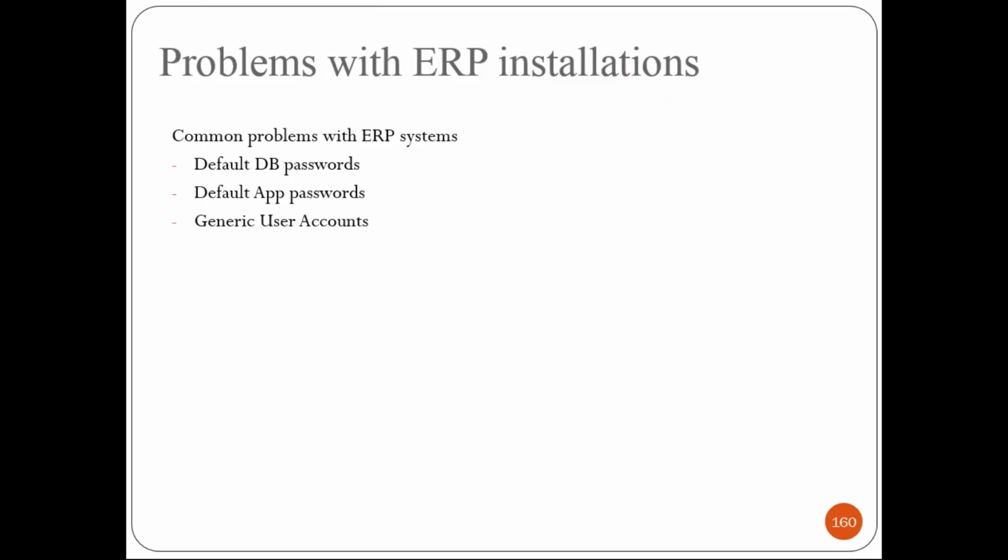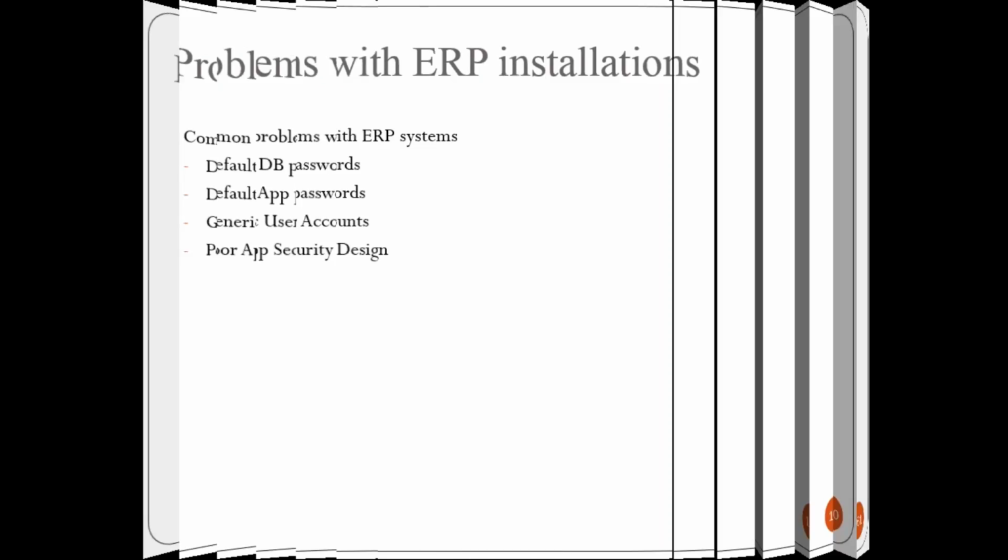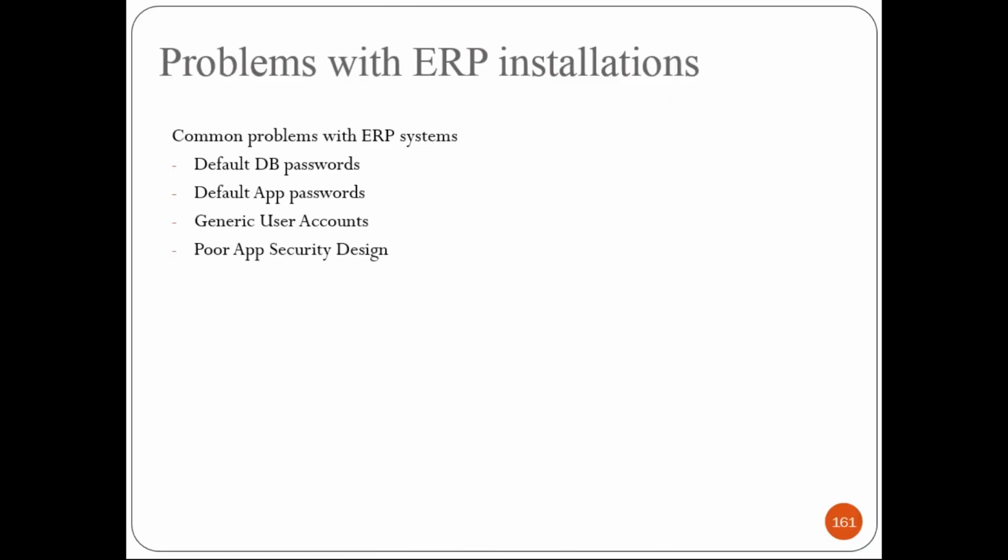Generic means I don't know who this is. So you'll see something like all users _3. Well, all users _3 doesn't mean anything. And if anybody has access to the password for all users _3, then basically they can be anonymous in the system.